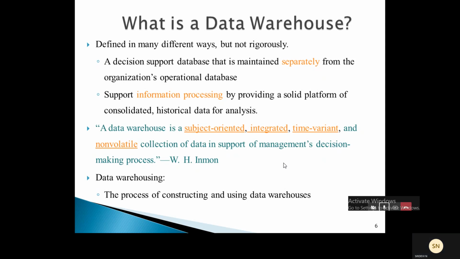These four keywords present the major features of a data warehouse, and they distinguish it from other data repositories like RDBMS, transaction processing systems, file systems, and so on.